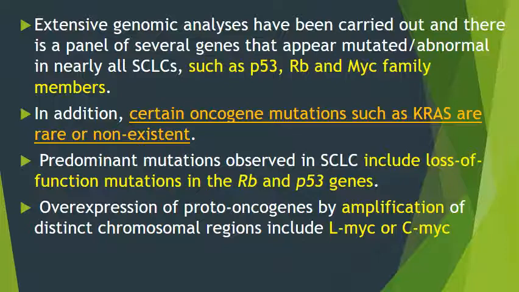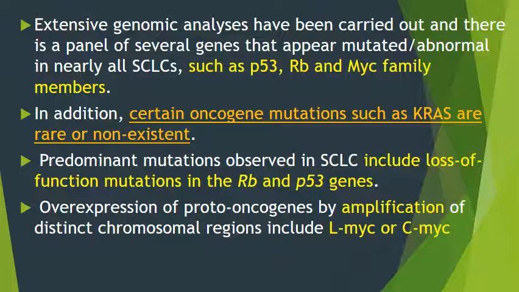The predominant mutations observed and carried out in small cell lung cancer include loss of function mutation in RB and P53 genes. These are tumor suppressor genes. So loss or mutation in such genes means loss of the function, because these genes are tumor suppressor genes.